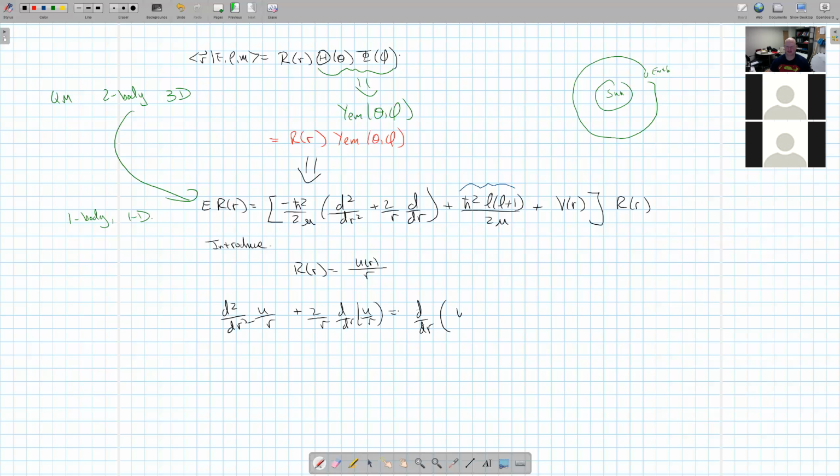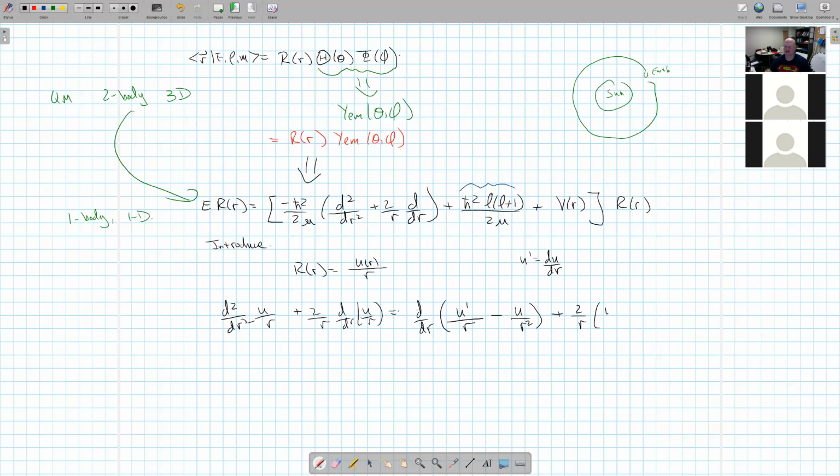So I'm going to write this then as u prime divided by r minus u divided by r squared, where here I'm writing u prime is equal to du dr, just being a little bit lazy, plus 2 divided by r times the same term.